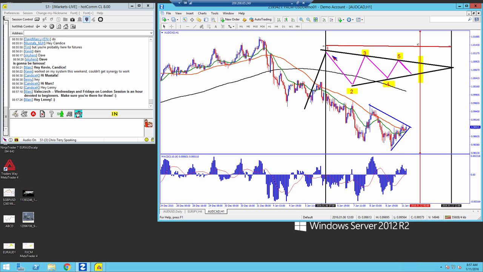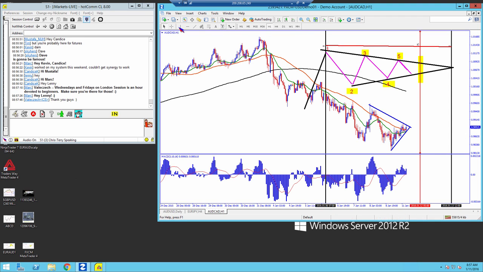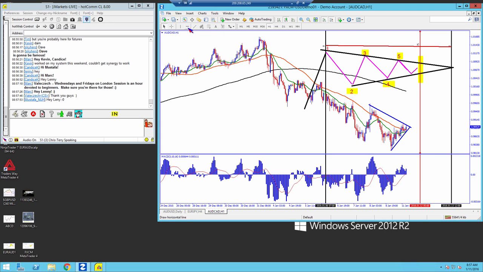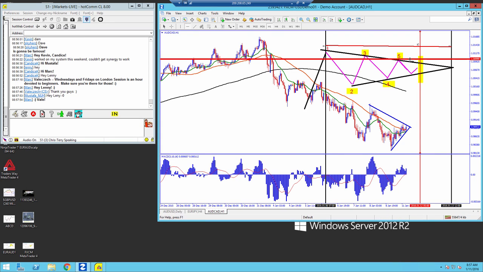When you're looking at a symmetrical triangle, you're looking for a breakout point, at these 2 points right there. So you have 1, 2, 3, 4, 5, and then it's going to chop, and then you're looking for a breakout.